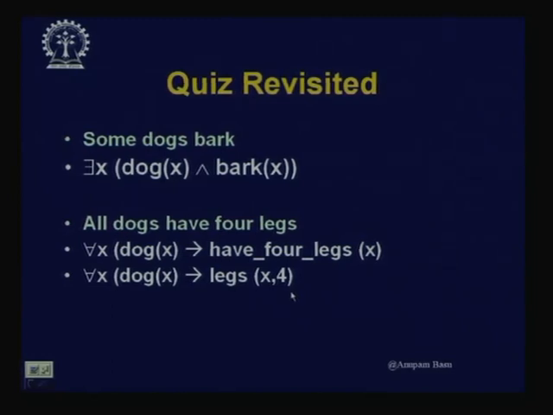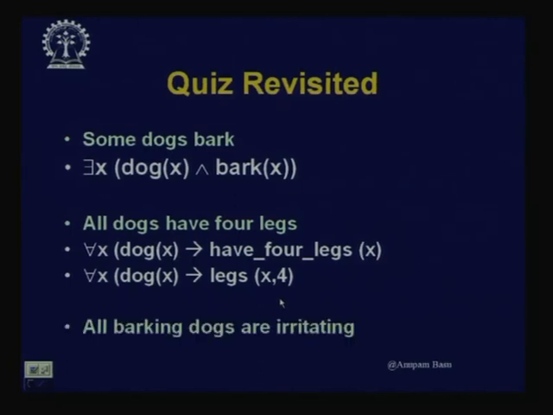I hope you understand what I said. I said that here I have said for all x, dog x implies have 4 legs x. If I had written it as for all x, dog x and have 4 legs x, would there be any problem? That is another issue. I leave it to you to think.